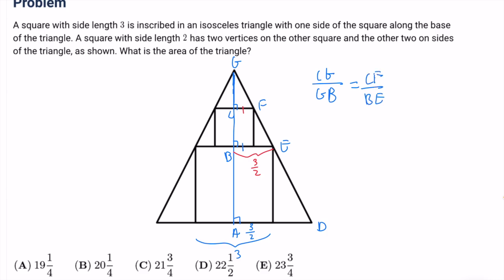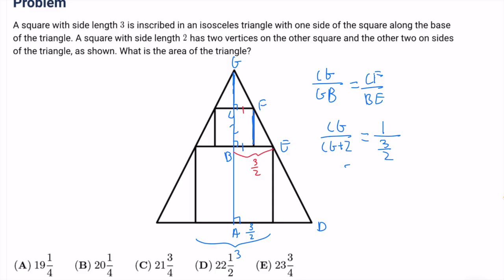Well, we know that CB is 2 because that is the side length of the square. So we can express GB as CG plus 2. So we get CG over CG plus 2 is equal to CF, which we know is 1, over BE, which we know is 3 over 2.